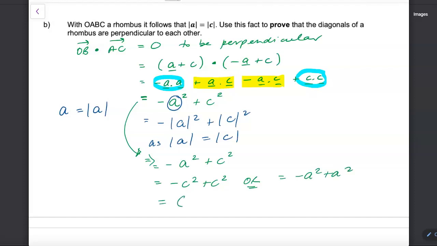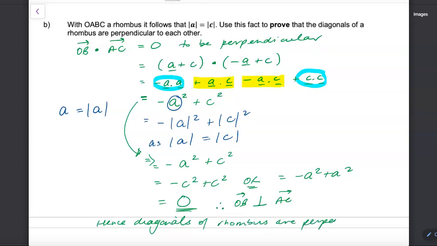And both of these equal 0. Therefore, we have proven that OB dot AC equals 0, and hence, the diagonals of a rhombus are perpendicular to each other.